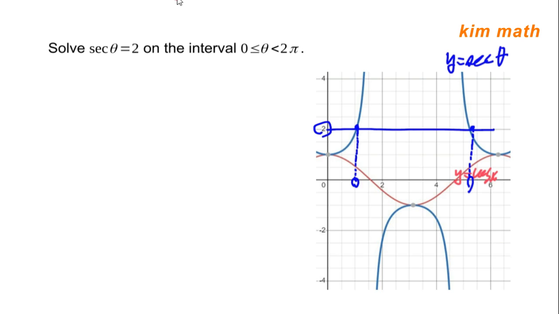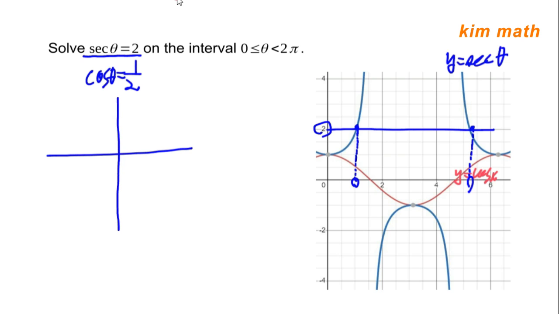Okay? To find the exact value, we will modify this equation. Secant theta is 2, then cosine theta will be 1/2, right? Cosine theta is a positive number, so which quadrants? The first quadrant and the fourth quadrant, right?